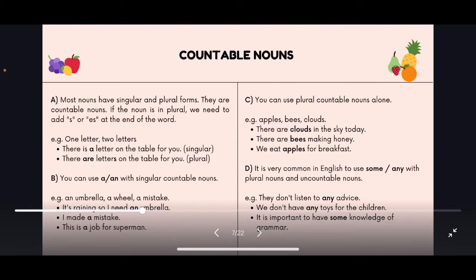And actually we're going to use it with some exceptions when we are offering, or when we are asking, or when we are suggesting something. Instead, the use of any, we're going to use any with negative sentences and interrogative sentences.